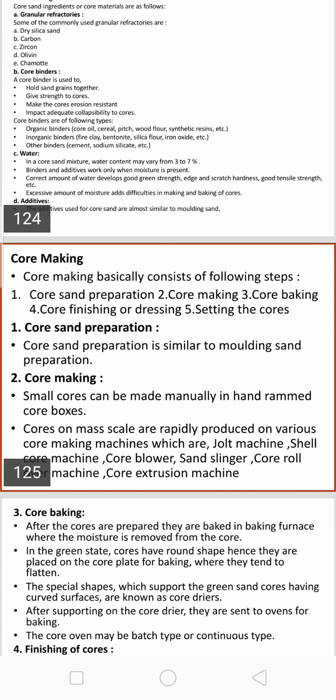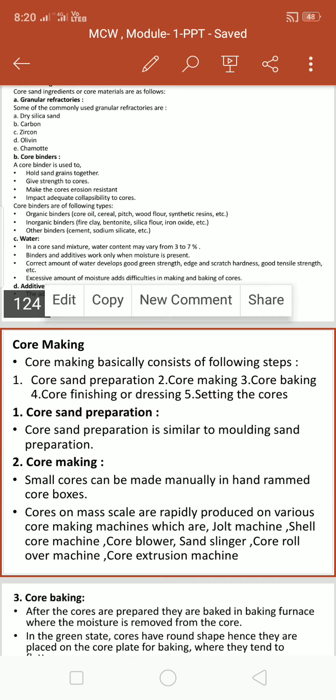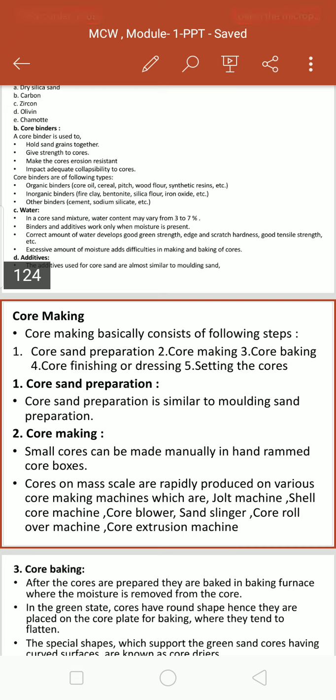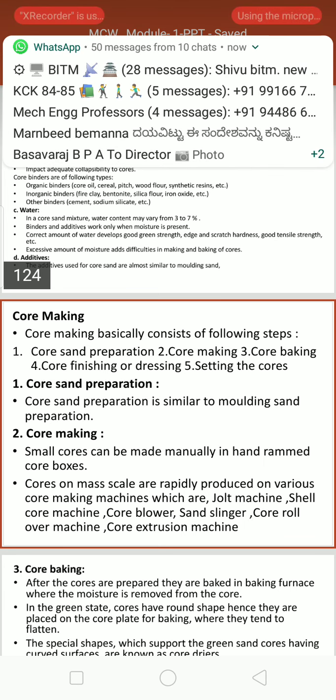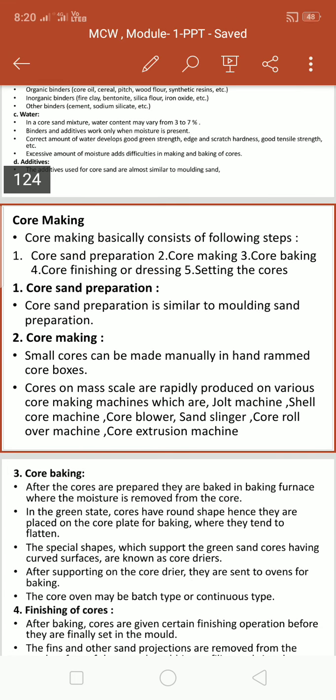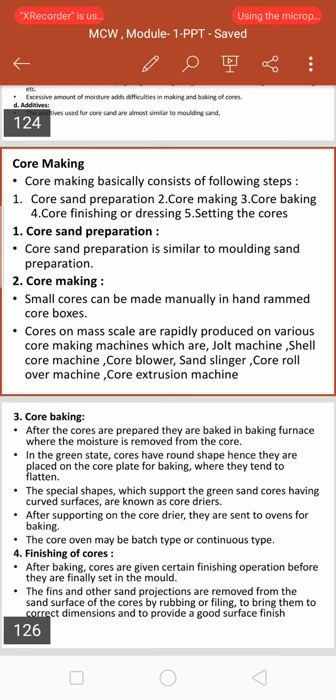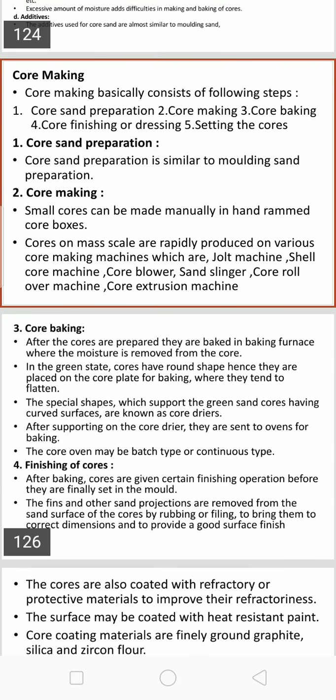Coming to the process of core making. Core making consists of the following operations: core sand preparation, core making or molding, core baking, core venting, and core finishing.